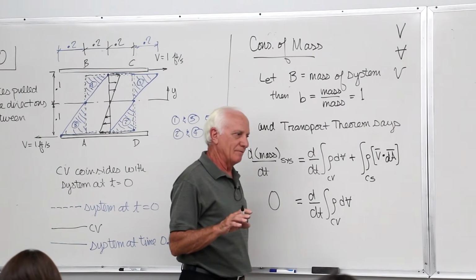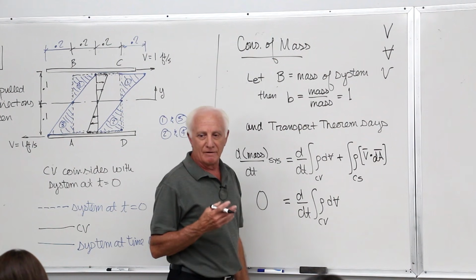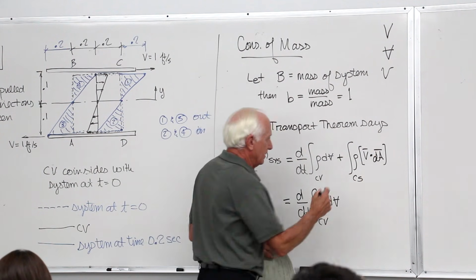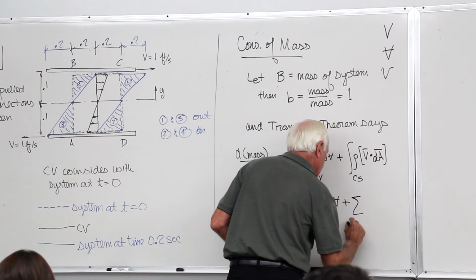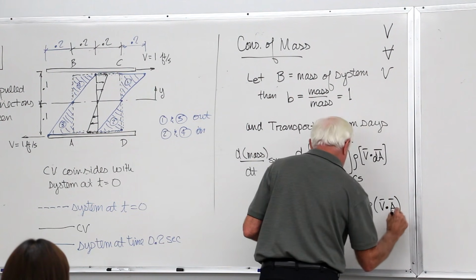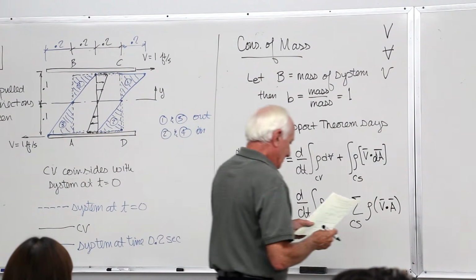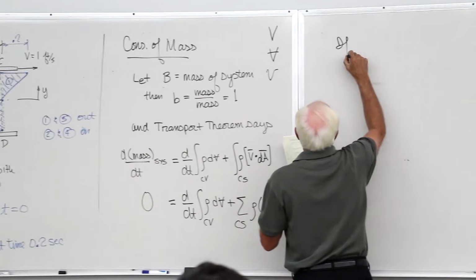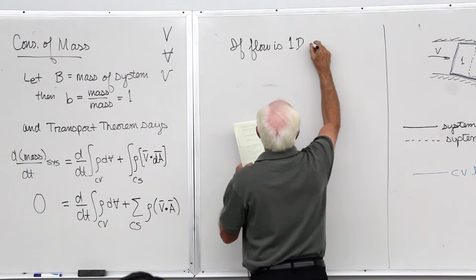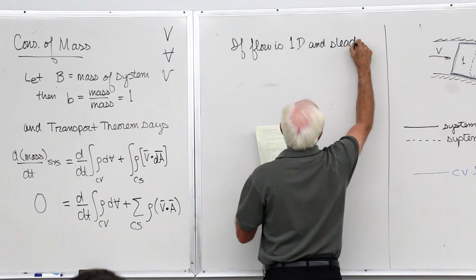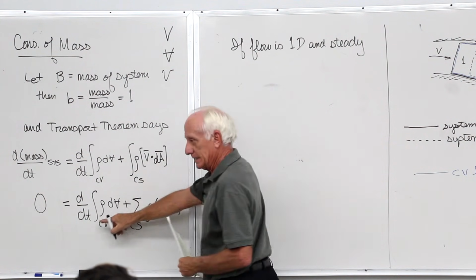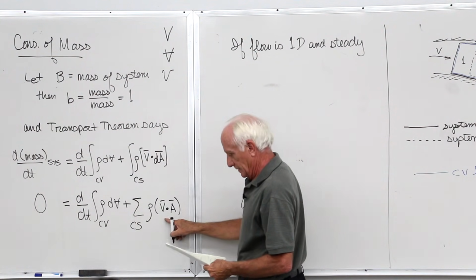I'm going to assume uniform flow again to make things simple as we go through this. So our flow, in pipes or whatever it is, is assumed to be uniform. It doesn't change with the cross-section area. So get rid of the integral and make it the summation over the control surface of rho v dot A. Now, if the flow is one-dimensional and steady state, then this term here is 0.